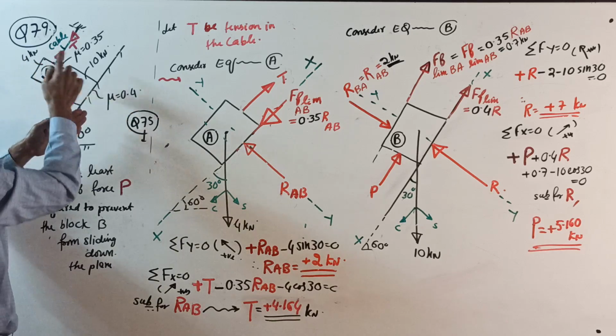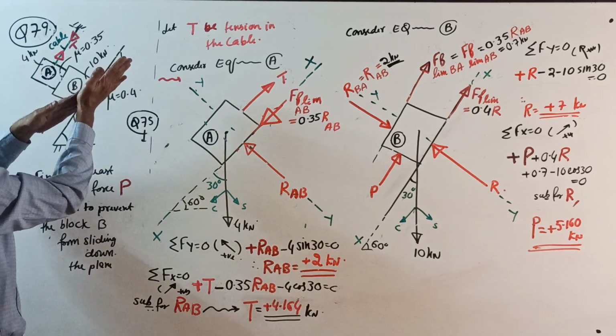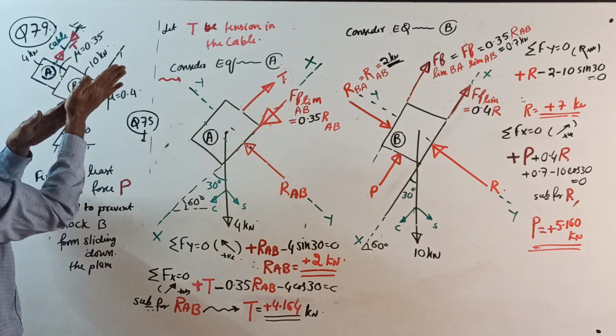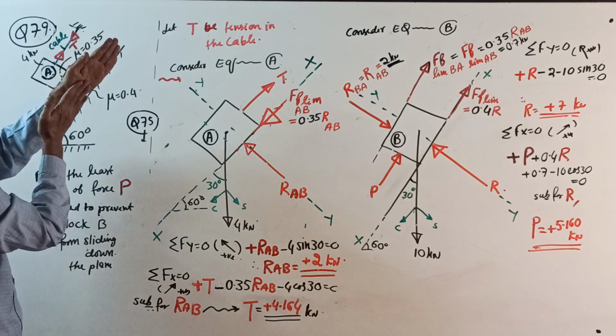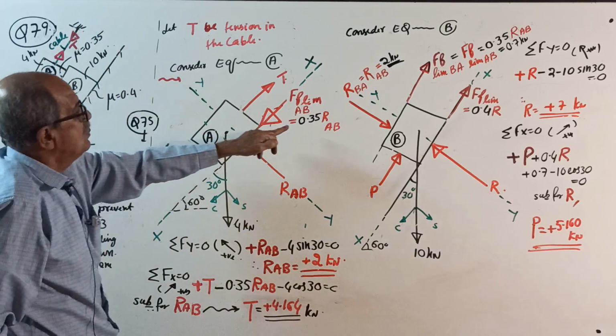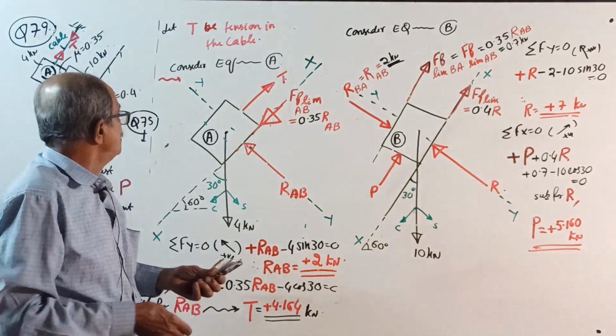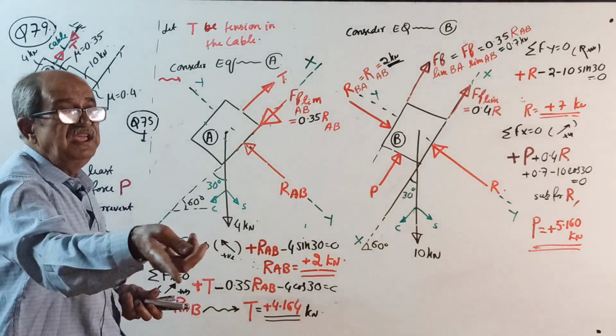That is the friction for this. Or relatively, when block B moves down, block A looks like moving up. If it is moving up, friction is down. Very crystal clear. Question number 75 I told, study and come back.